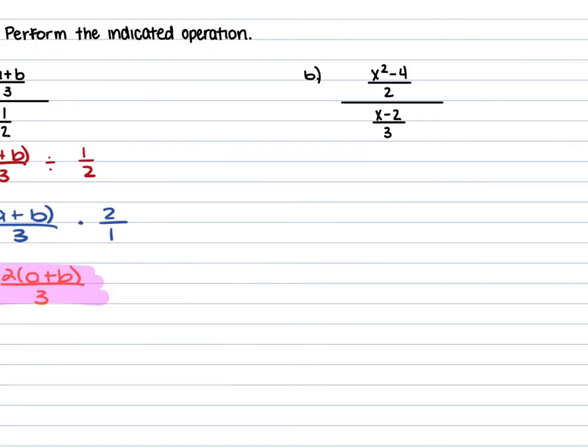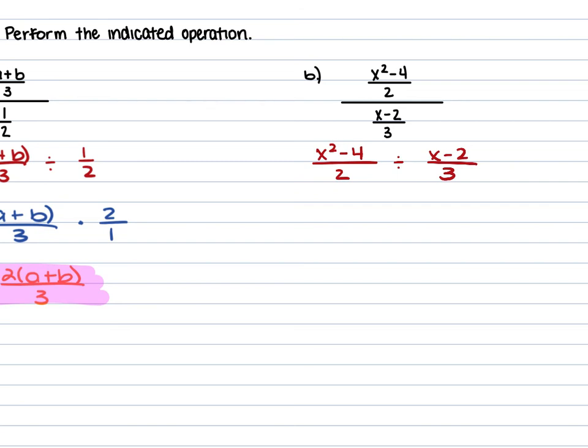For example B, we're given x squared minus 4 over 2 all over x minus 2 over 3. So again, we're just going to rewrite this as x squared minus 4 over 2 divided by x minus 2 over 3. We can factor that x squared minus 4 because it is a difference of squares.